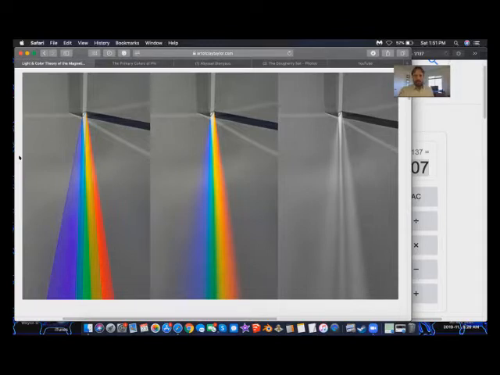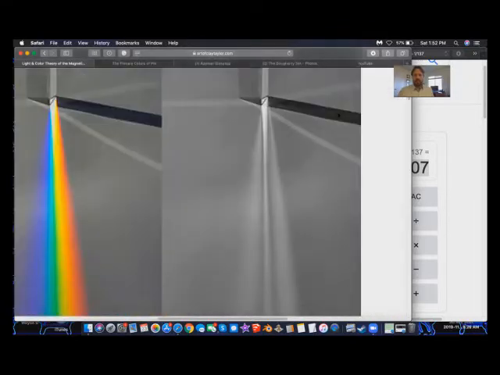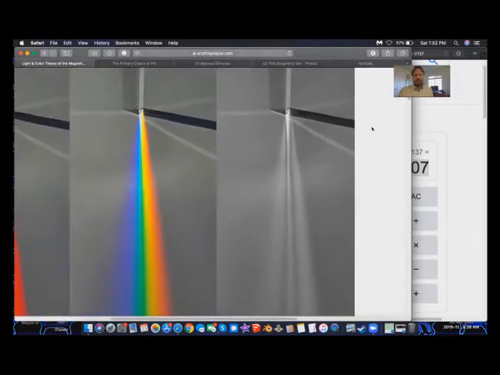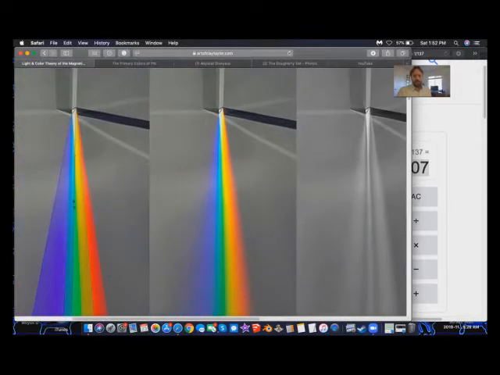Are we talking about in the spectrum portion? The one on the right, the image on the black and white one. Yeah. So are you talking about the shadow of the actual prism that goes off to the right, or are you talking about the spectrum that's coming towards us? The spectrum that's coming towards us, there's two dark shadows inside of it. Those two dark shadows are where yellow and cyan are in the actual image.